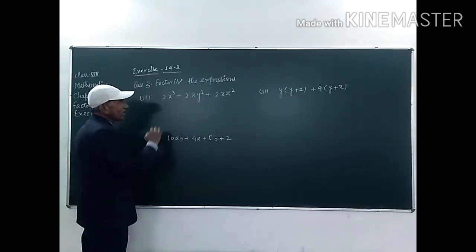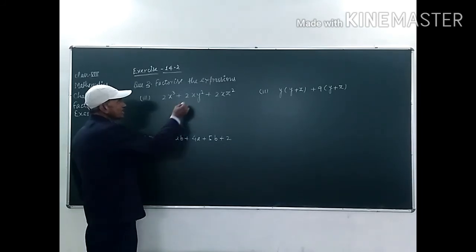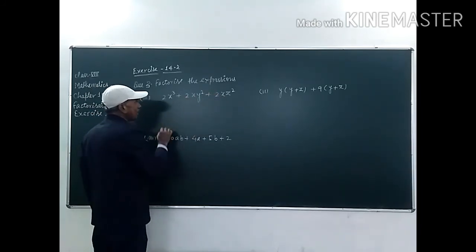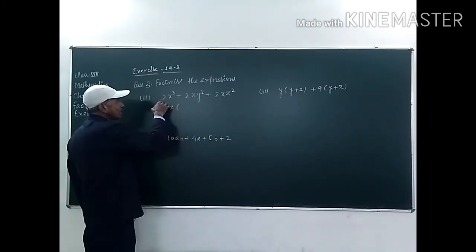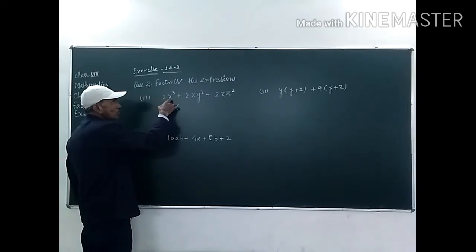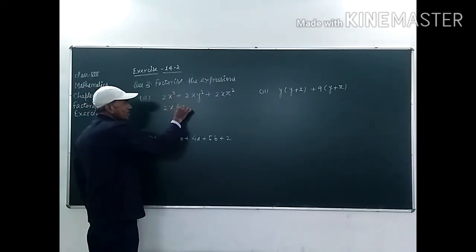So we have to take it common, because x is at least one time common. So 2x is common, and the remaining part here: 2x cube, this one. So x is 2 times remaining here, students, because we have taken x as common. This one is x cube. If we divide this x cube by x, then it will be x square.